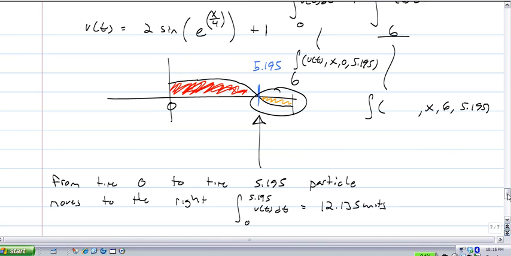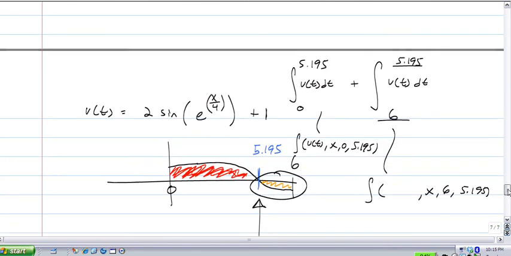It wants to know the position of the particle. It's kind of like if I said, hey, your car went 12.135 miles. What does your odometer read? I'd say, well, it depends what it was before I traveled those miles. So where do we start?